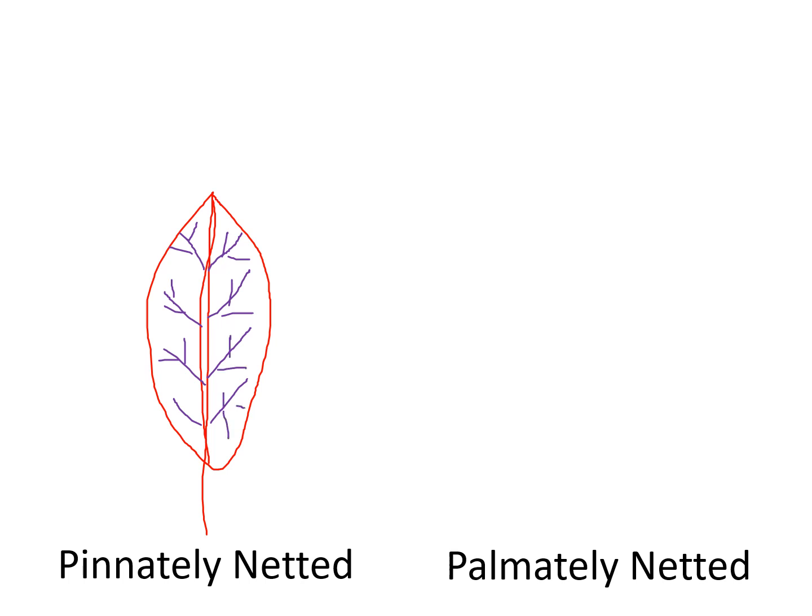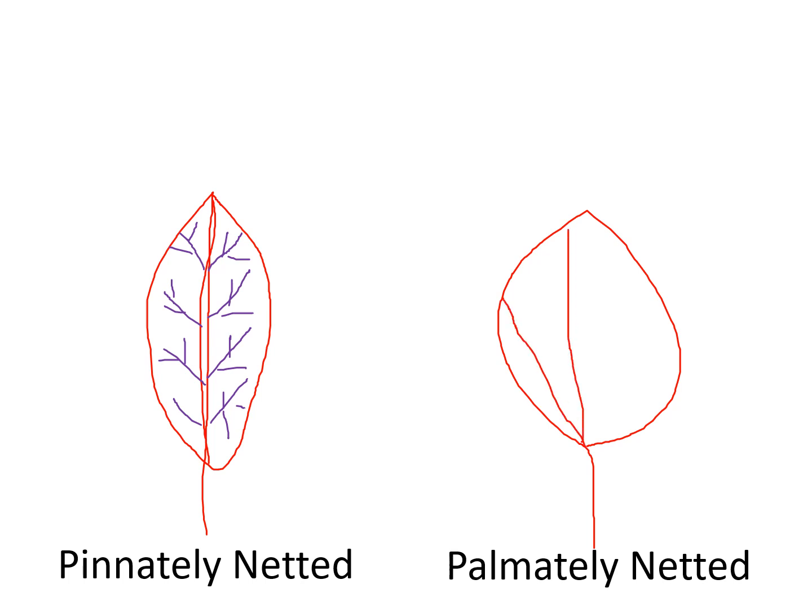But in palmately netted, this is the petiole and this is the leaf blade. From the petiole, there are several primary veins or several midribs like this, and all of the primary veins come from the same point at the base of the leaf.